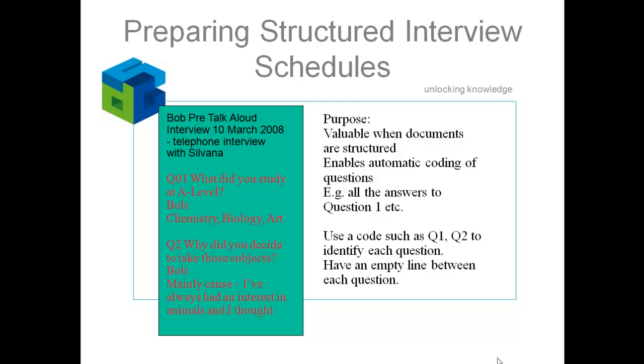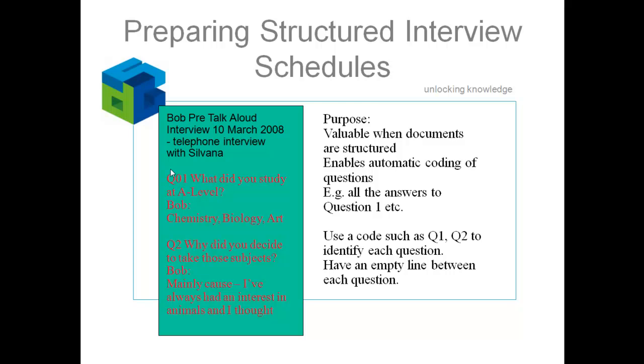But to take advantage of that feature, you need to prepare your data in Word in a particular way. So if you see here, you need first of all to have a unique identifier for each question. So I have here Q1 for question 1, Q2 for question 2, which has to be consistent across your whole data set. And also you need to have a blank line between each question.